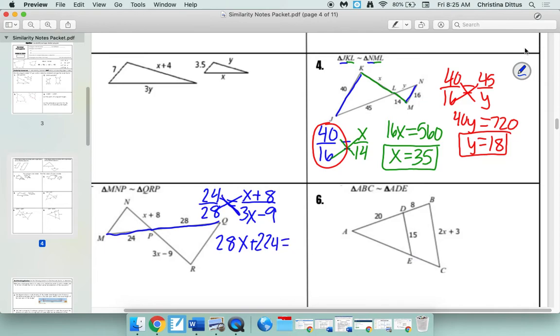This one, you're going to take your 24 times 3. How much? 72. Minus your 24 times 9. 216.